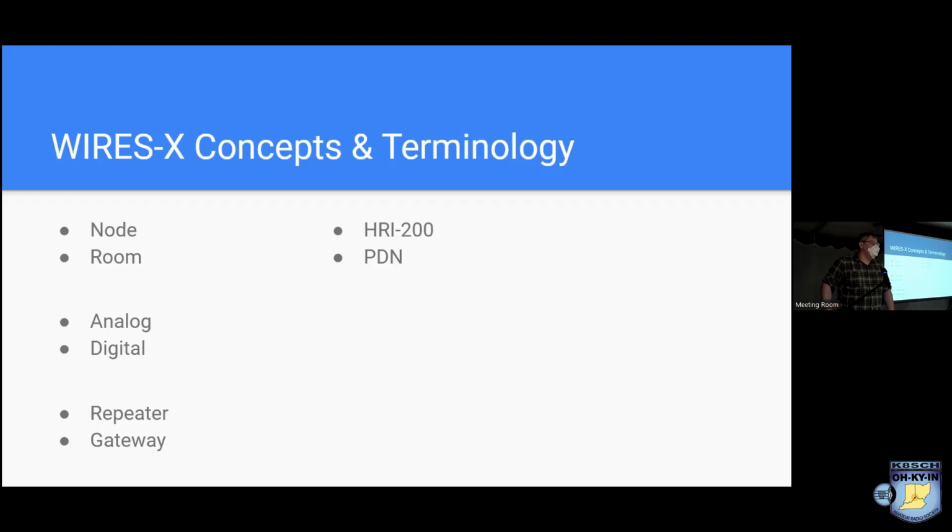So if you're going to use PDN, you can't do analog. It's digital only. Basically you're talking into your radio, but there's no RF involved, right? You talk into the radio, it converts it to USB, and it goes out on the internet. We are not going to talk about PDN tonight. It's not something I personally have experience with, and it's outside of the scope of tonight's presentation.